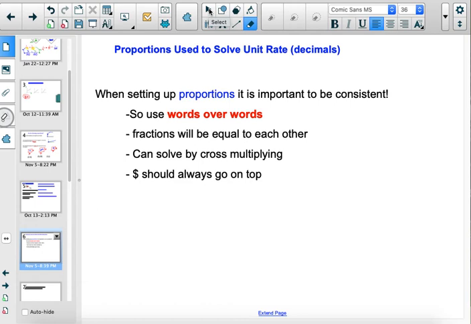You don't need to write words. Pass them now. Hurry up. Are we writing this down in our notebook? Yes, and today is 11-6.